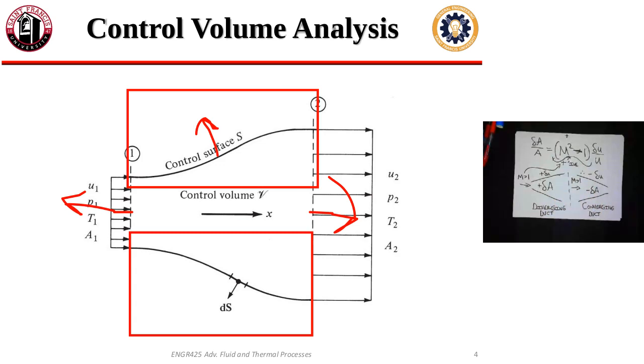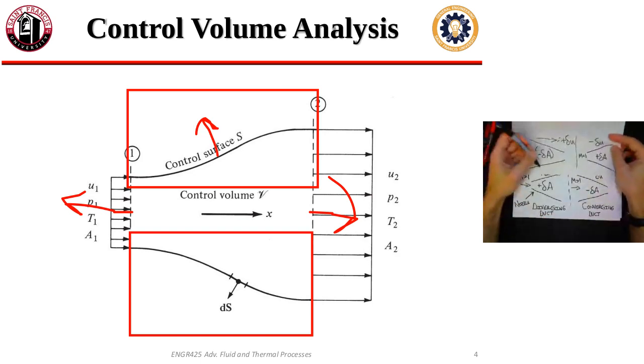As a result, this would be our supersonic nozzle. In subsonic flow, it would be the opposite, right? In subsonic flow, this would be our nozzle.